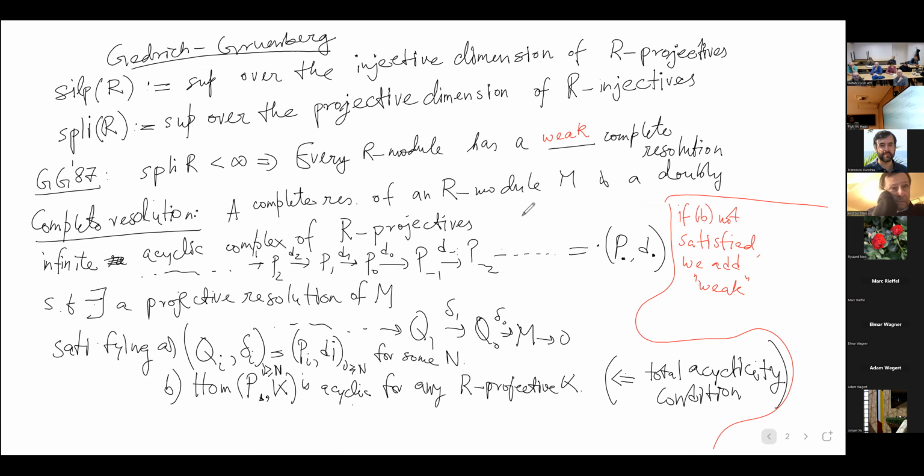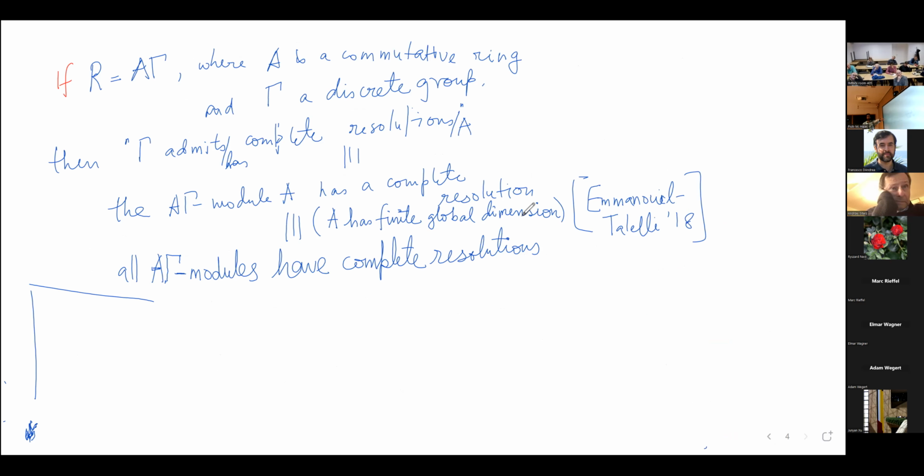This is what confuses me, because a complete resolution for a group is a complete resolution over the group ring of the trivial module. Okay, so it's somehow defined. Exactly, that's the definition. Sorry, I thought it was a statement. Thank you so much. Now I'm happy.